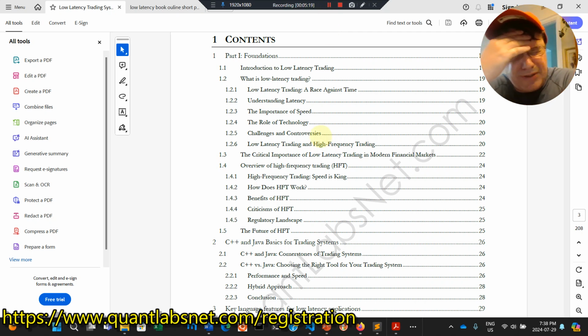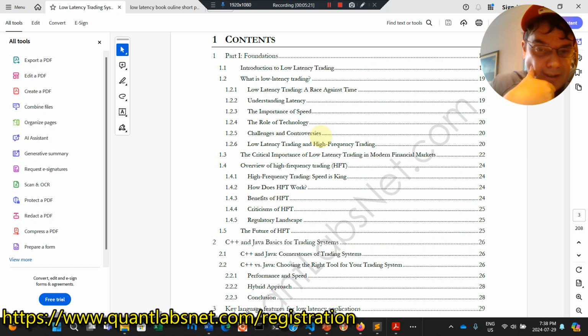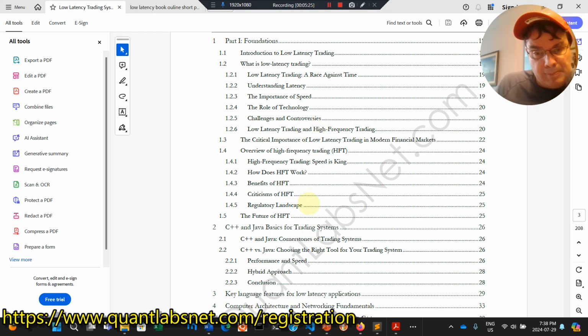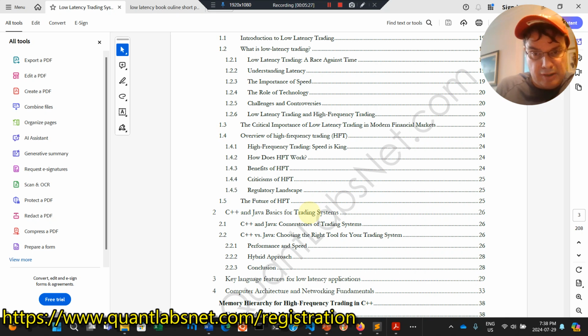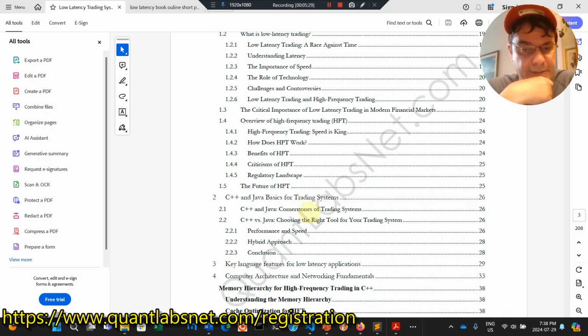Okay, so now that we've got the new specs applied, let's continue. We're going to talk about the basics of trading systems coming from either C++ or Java. As I said, the language of choice is always going to be C++, so that's where you'll see most of the examples.